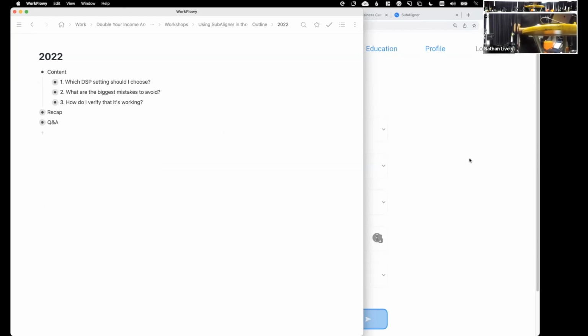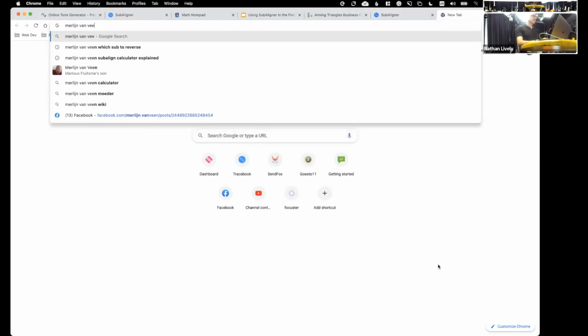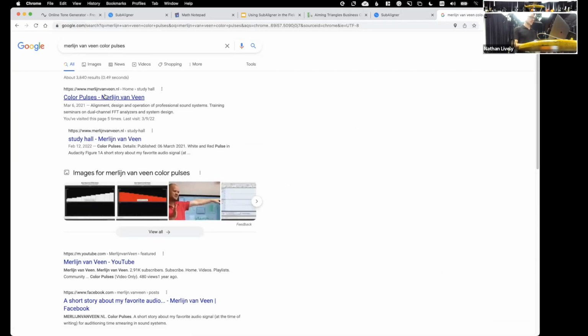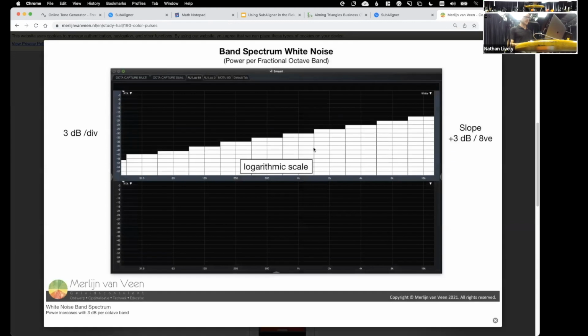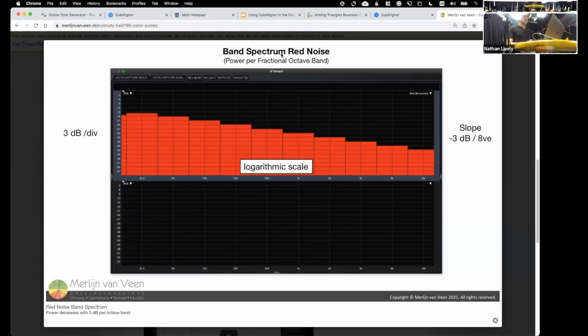So Dominic says, what is the difference between red and white test tones? Band spectrum red noise, power per fractional octave, logarithmic scale.